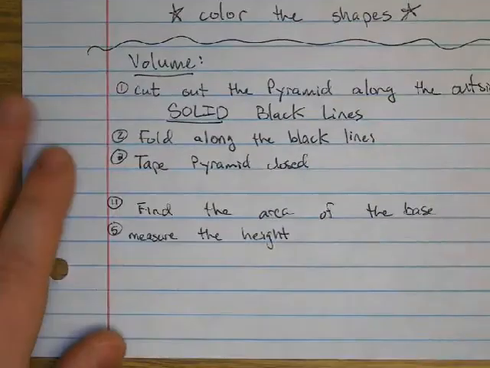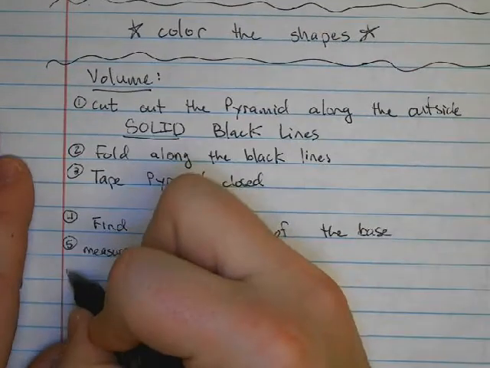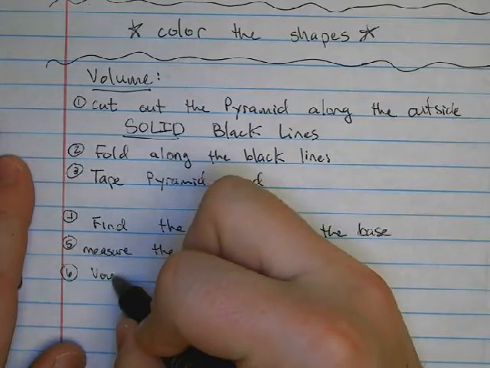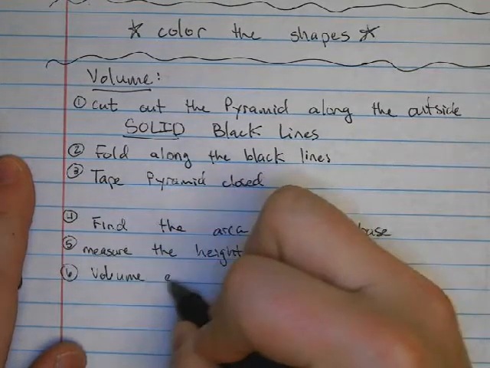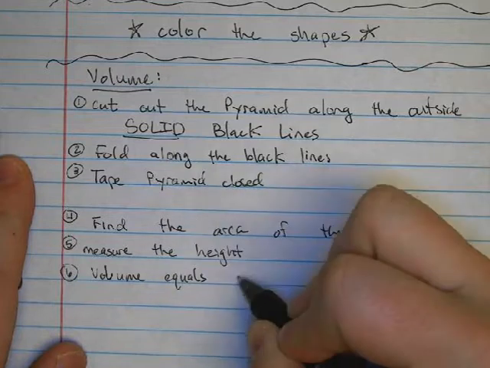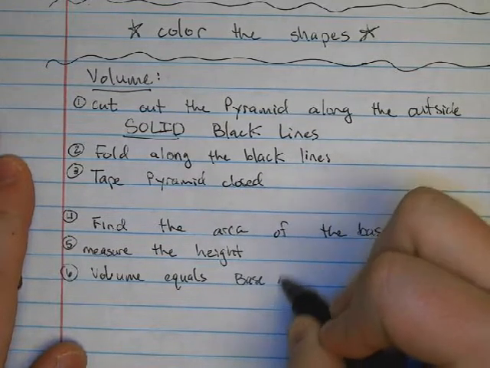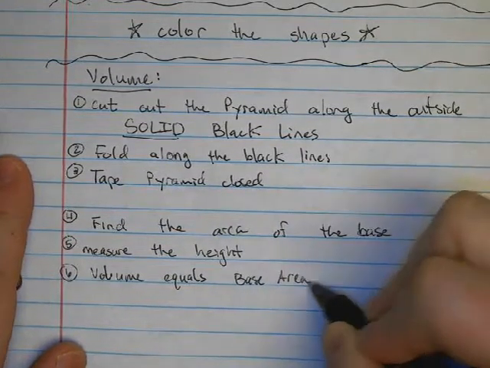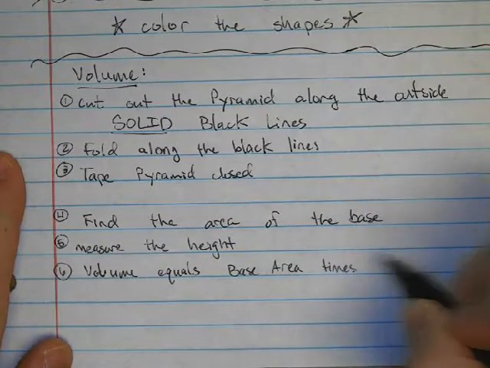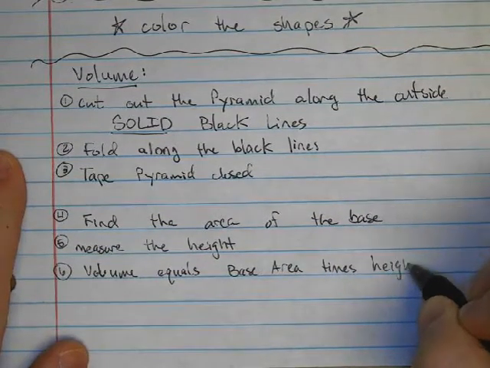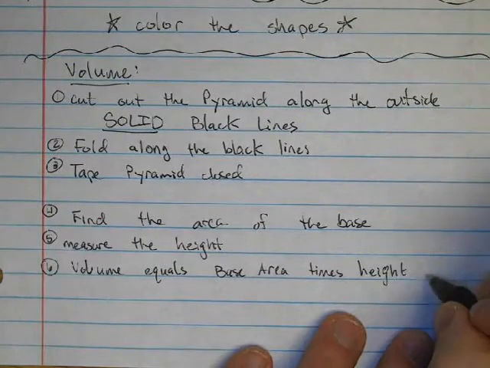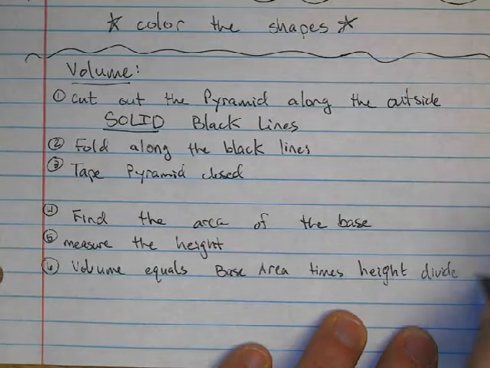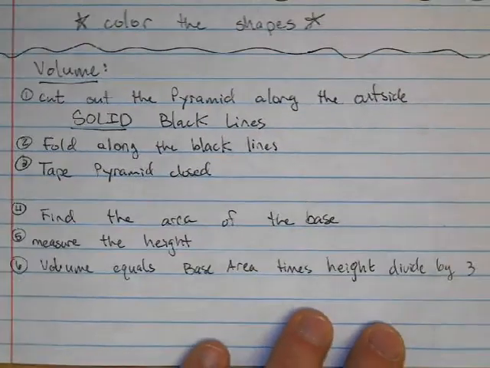Now the volume of our pyramid, number 6, volume of a pyramid equals base area times height. And then we have this wrinkle in there where we divide by 3.